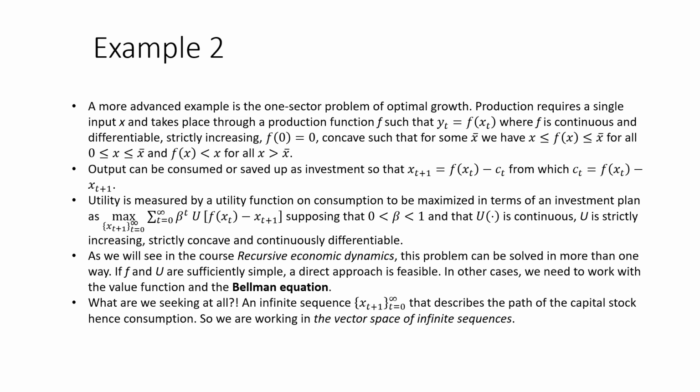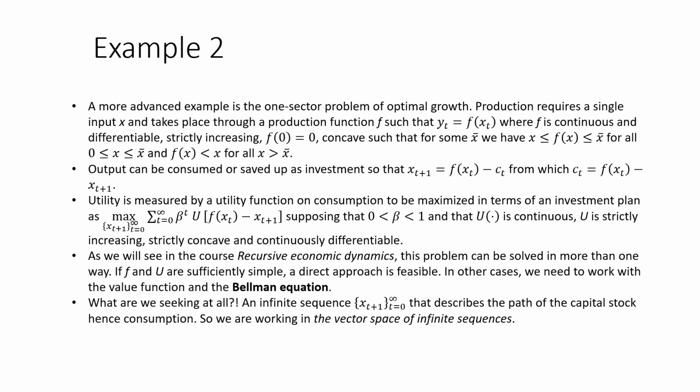A more advanced example is the famous one-sector model of optimal growth. This is a problem we will extensively discuss in the course Recursive Economic Dynamics. Here we will just have a look at the strategy of solution.